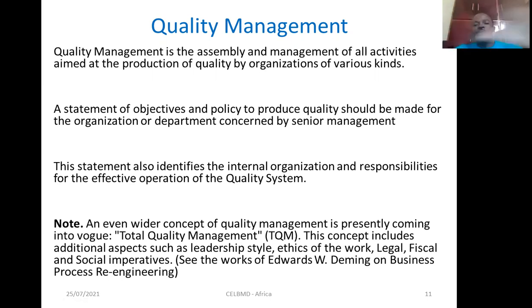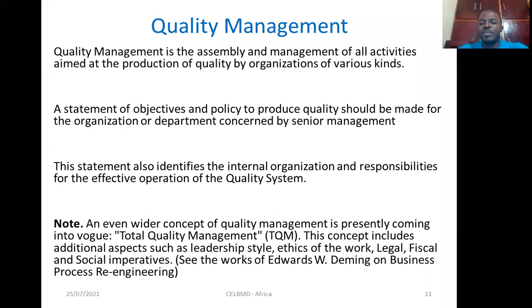Now, to compute quality management understanding, the management or leadership of that organization that seeks to conduct quality management must state expressly what they consider as objectives and a policy that seeks to deliver quality across the business of that organization. Therefore, a statement of objectives and policy must be made by the people that are responsible for making key decisions within the organization.